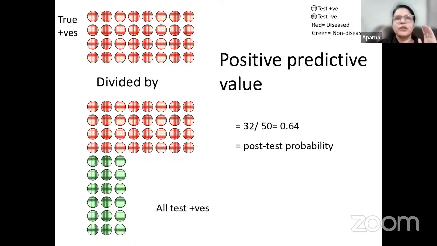When you are talking about a new diagnostic test, and when we say sensitivity and specificity, the denominator of these two terms is actually the true positives and true negatives. But as a clinician, you actually do not know which baby is truly positive and which baby is truly negative. And that is the reason you are doing a diagnostic test.